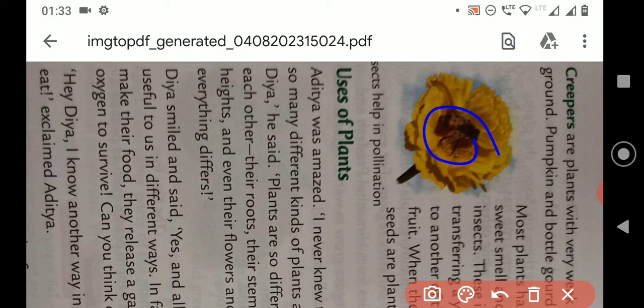So their body now has the pollen grains, and when they have their nectar, they move from one flower to another, and the pollen grains get transferred from one flower to another through the help of these agents. And hence pollination occurs.